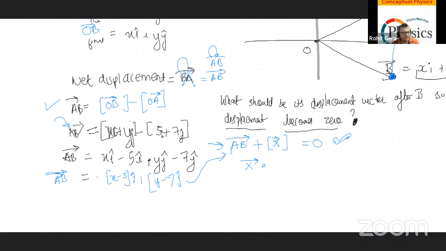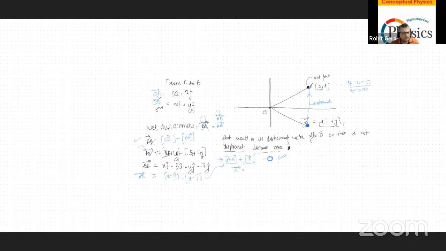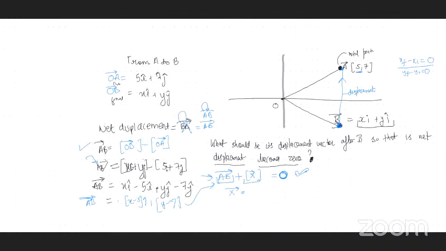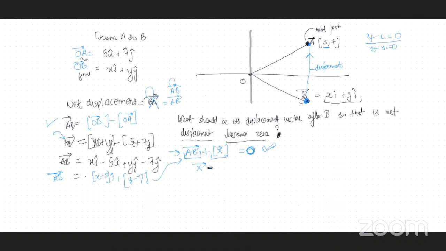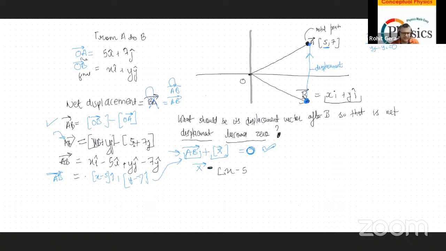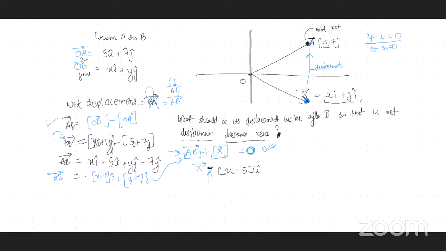If you do this much displacement after the first displacement, you will finally end up at zero displacement, which means back at point A. So this is equal to minus AB, x minus 5, equals, so you're taking it on the other side. Yes, transposed, agreed.